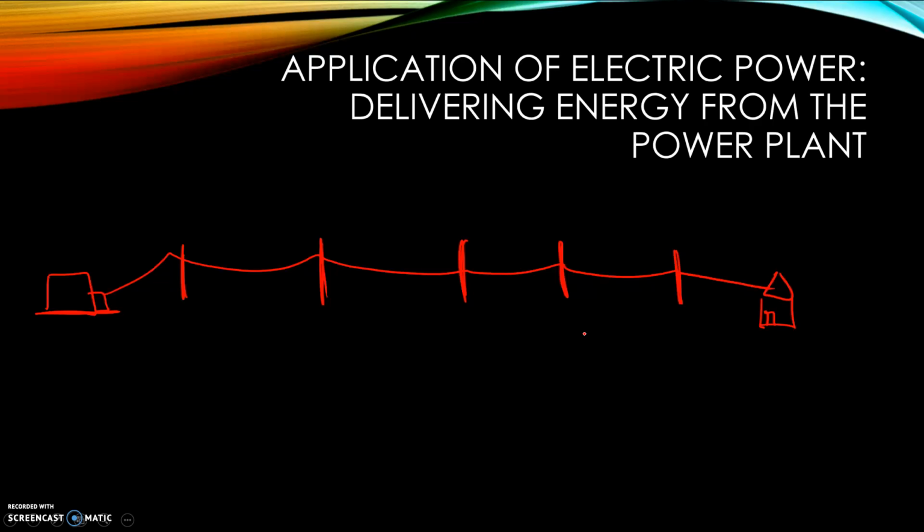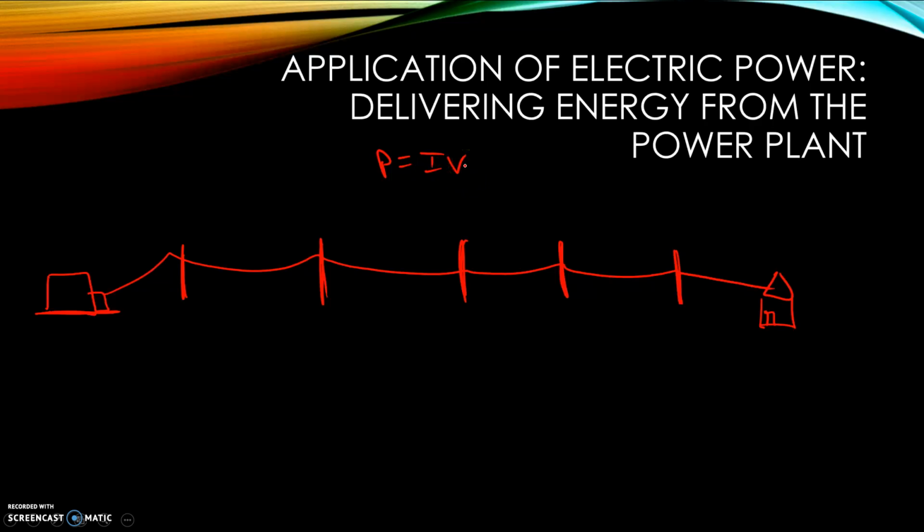And so the question is, is it better to transmit this power at a high current or high voltage? Because again, P is equal to I times V. So we can transmit a certain amount of power, a certain amount of joules per second, with a high current and a low voltage, or we could transfer it at a very high voltage but a very low current.